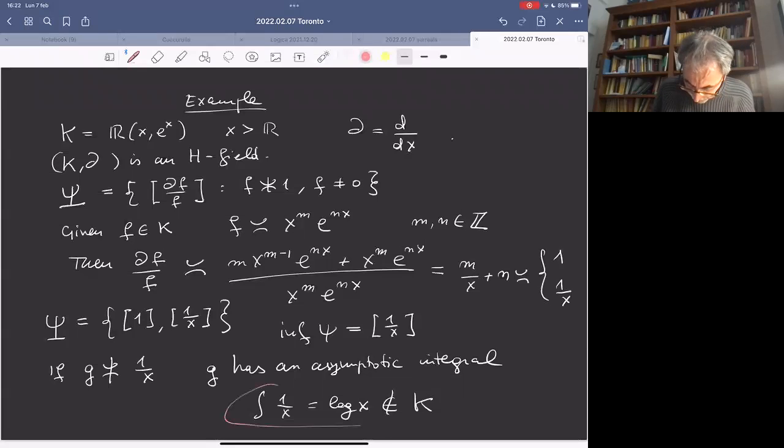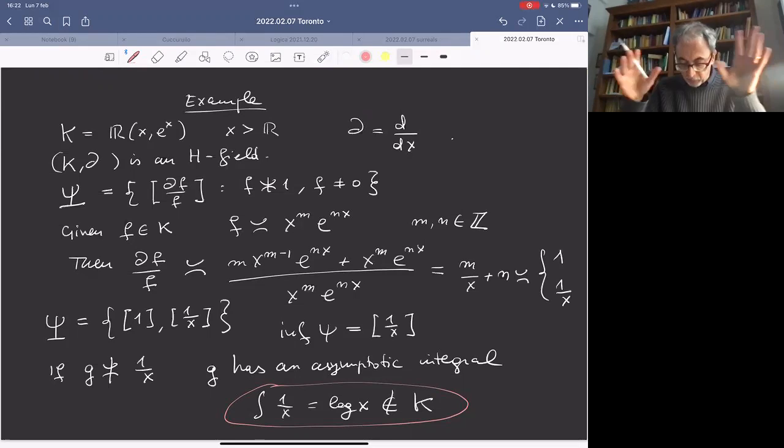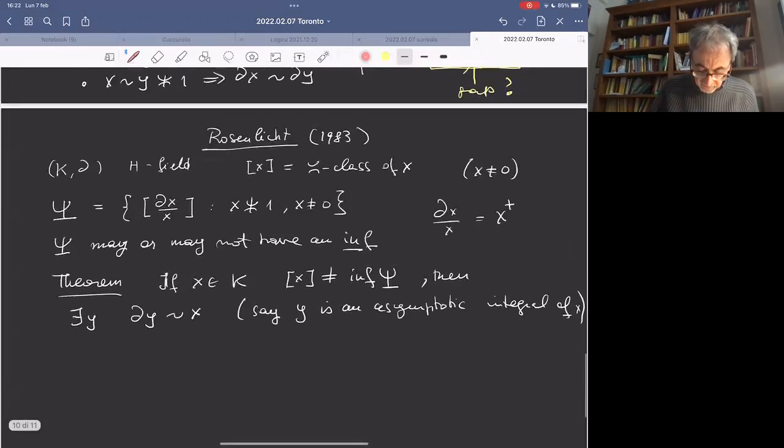So there is nothing comparable to log x there, so there is at most one exception for the asymptotic integral. So x^2 has an integral, x^3/3, but 1/x doesn't, and it's the only one in this field.